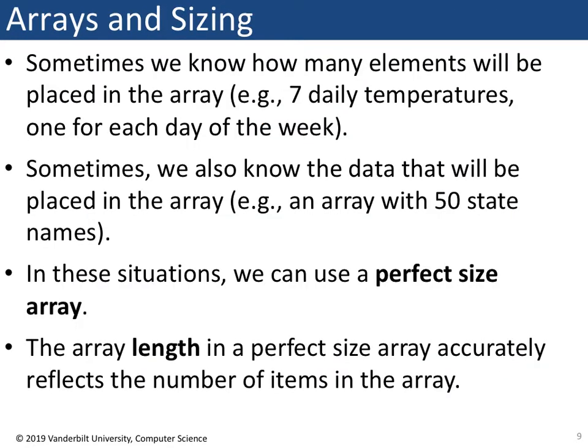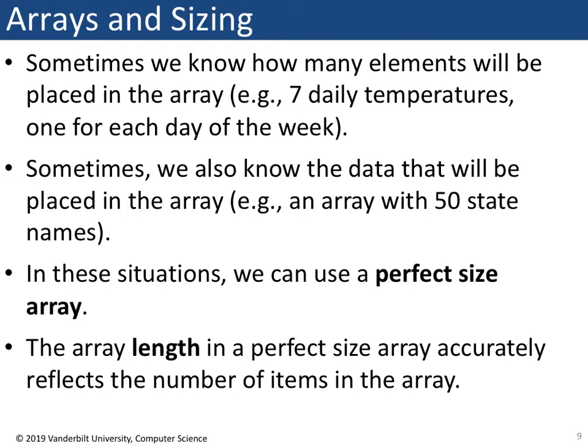So consider this. Sometimes we know how many elements we will need to put in an array. So let's say we're building an array to contain the temperature for each day of a given week. Well, then we know for sure that we're going to need 7 elements in the array because there are going to be 7 days in a week.